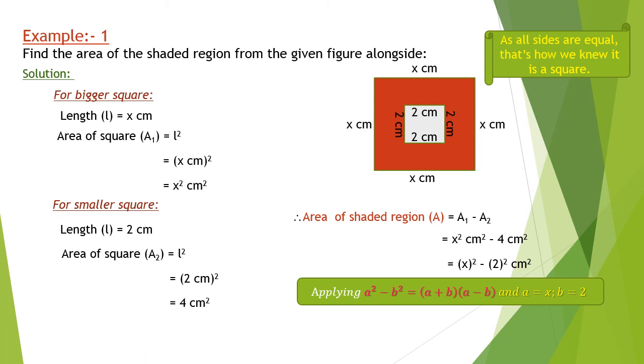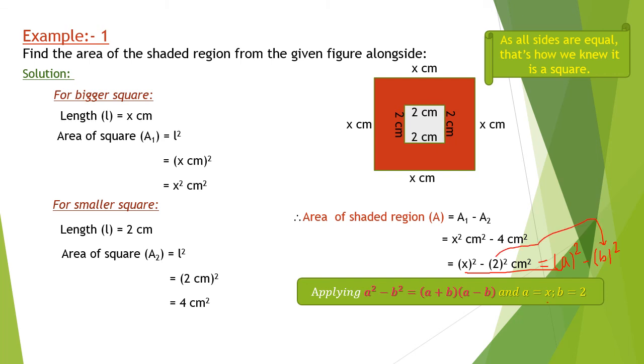I don't think you are confused about it. The standard form of difference of squares is a square minus b square. So our a will be x and our b will be 2. Isn't it?